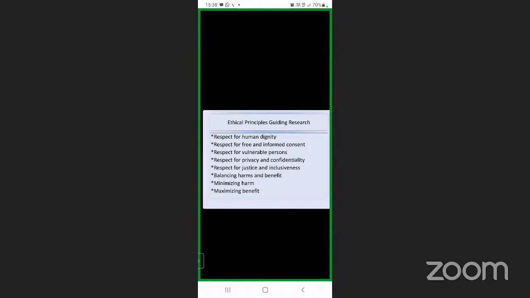Then respect for privacy and confidentiality. As I have mentioned, take the example of the clinical studies in our pharmacy. They need confidentiality many times, because many studies are related to body parts, skin, and cosmetics.